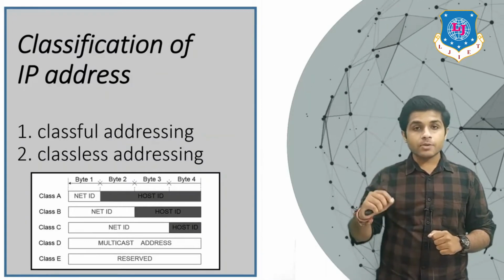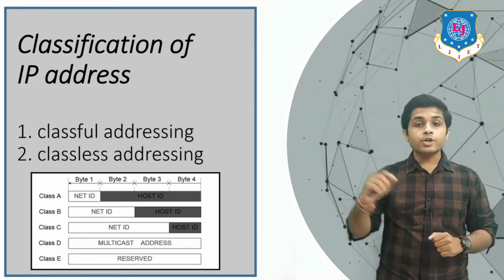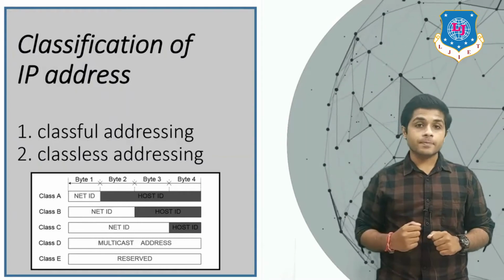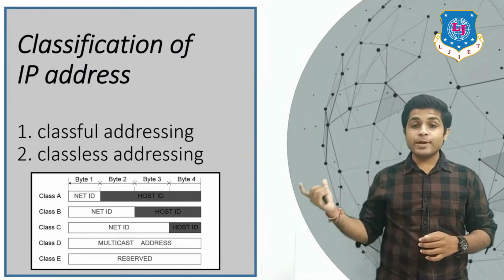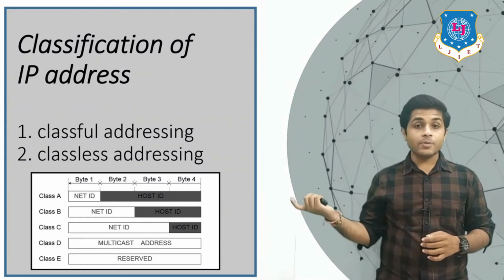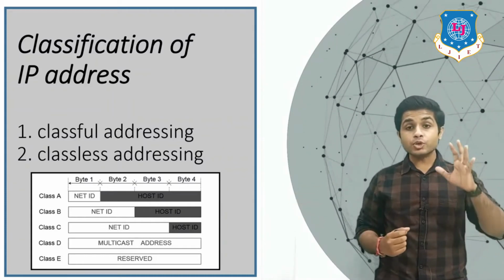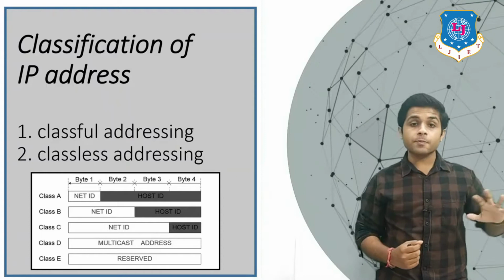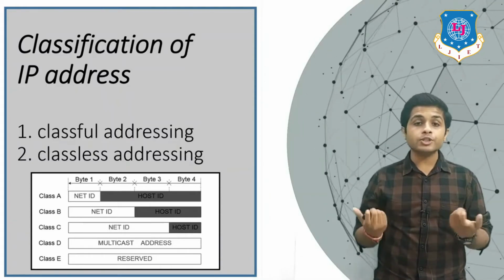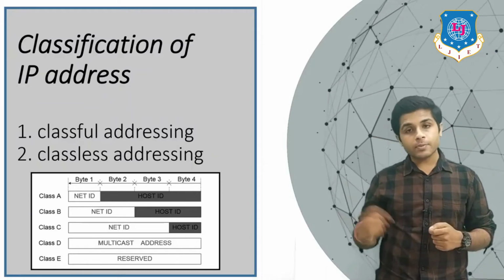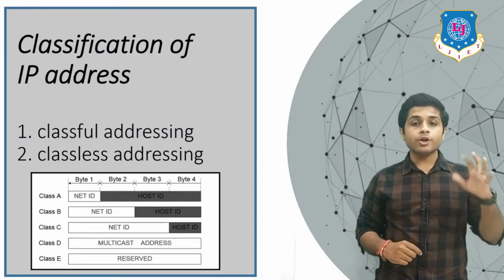Means in one network, you can allocate 2 raised to 16 devices. And in class C, the first 24 bits are for network. It means that 2 raised to 24 individual networks are possible, and in one network, 2 raised to 8 hosts are possible.